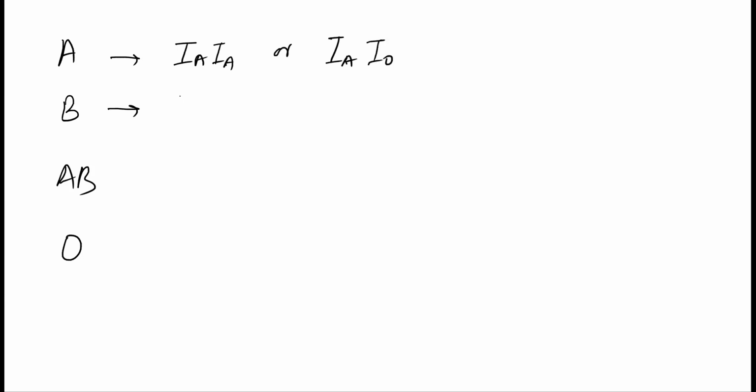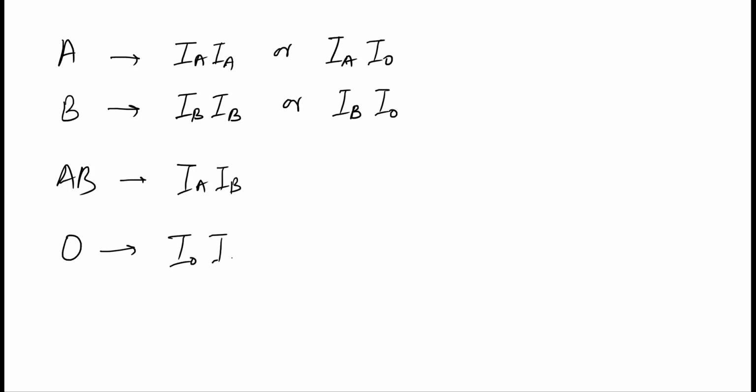B blood group can be when we have IB or IO. AB blood group is when IA and IB are there, and blood group O is when IO is there.